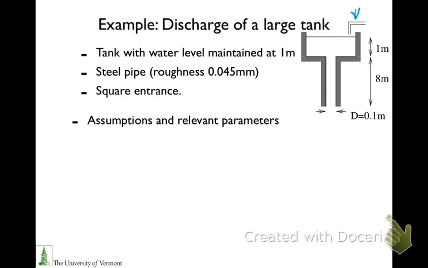The pipe is a steel pipe with a given roughness, and there is a square entrance at the pipe and an opening onto an infinite domain at the bottom of the pipe. So what assumptions are relevant here? Steady flow, large tank. So what does that mean?